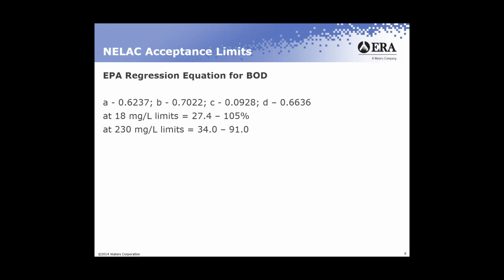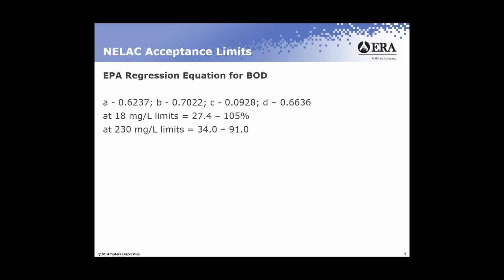And again, it's for fairness, to make sure that you're being judged on what you can get back and not what is spiked into the sample. The sample itself for the DMR/QA or for your WP studies can be made anywhere between 18 and 230 milligrams of BOD per liter.